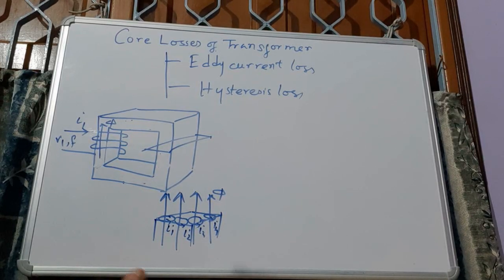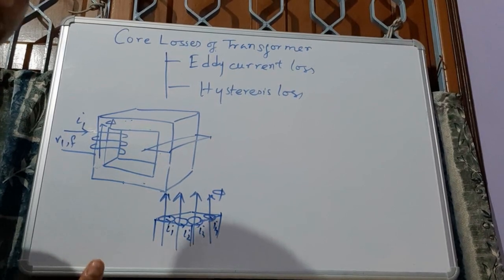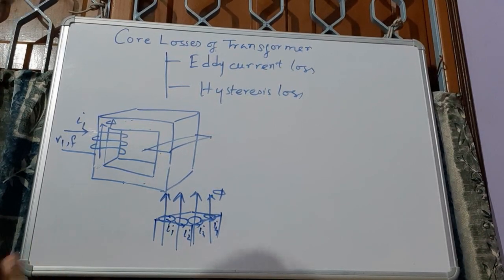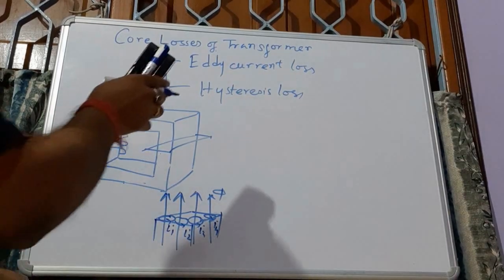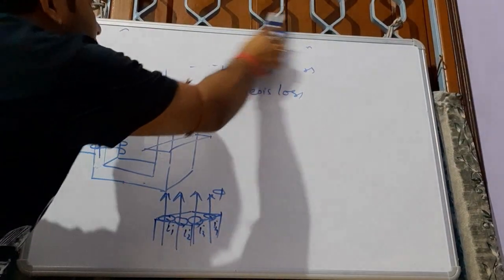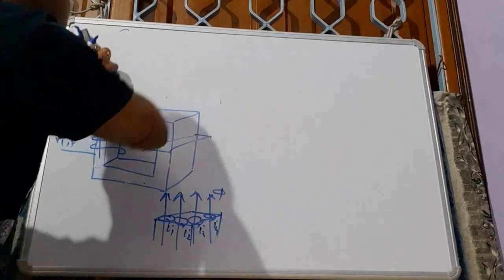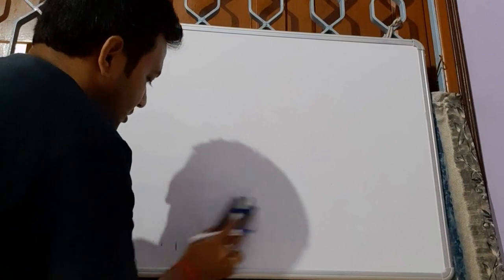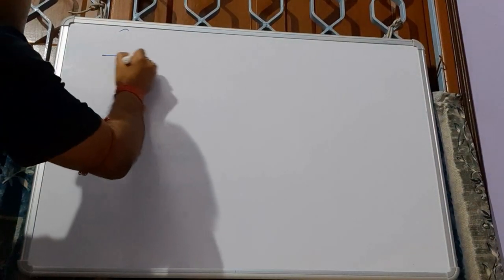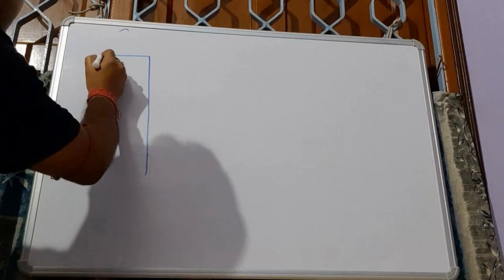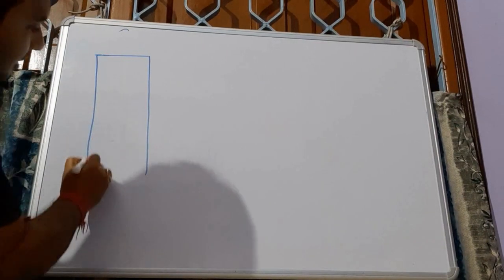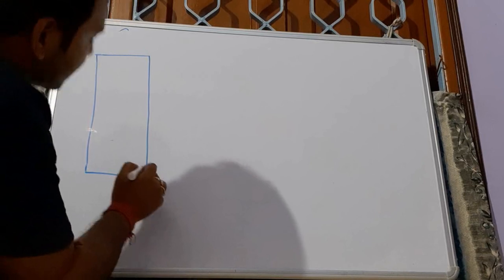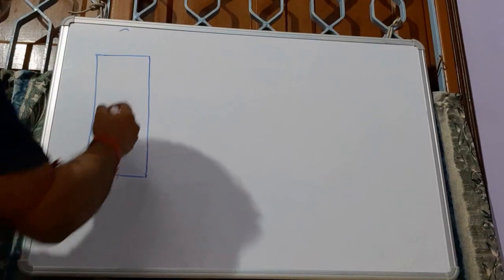Now if you want to deduce the expression of eddy current loss, you need to draw a thin plate. Suppose this is a thin plate. Actually I am not drawing it that thin, but you can consider this as a thin plate.